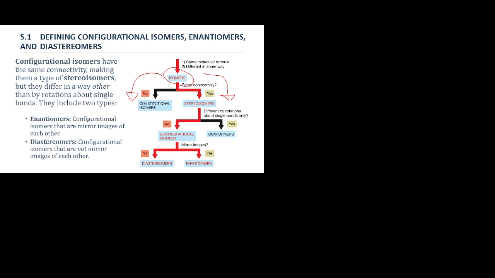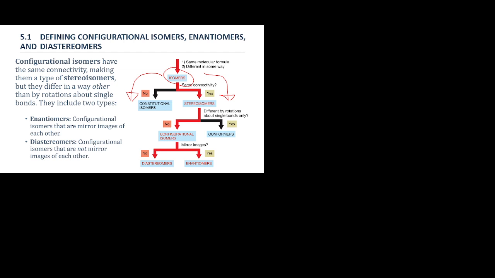Or what type of stereoisomer can they be? So again, configurational isomers are going to have the same connectivity. If they have the same connectivity, they're going to be stereoisomers. Okay. So remember, this is how they're configured in three-dimensional space. That can be different versus how they're connected together.